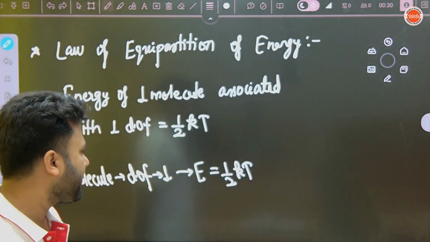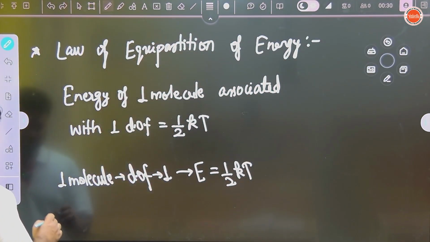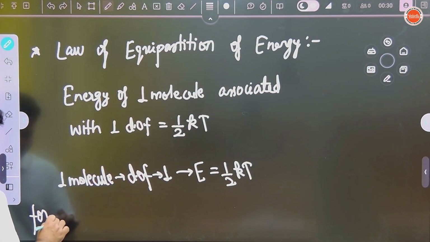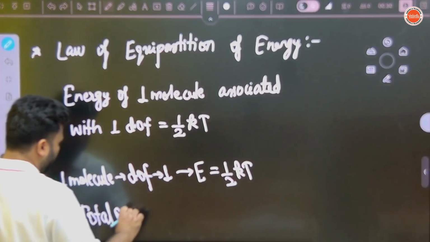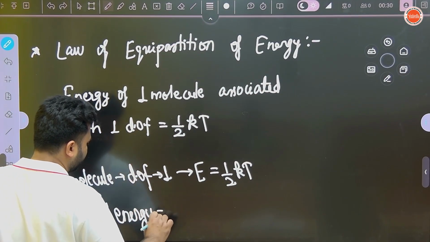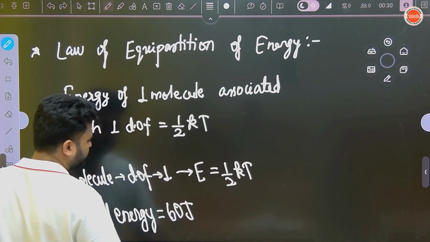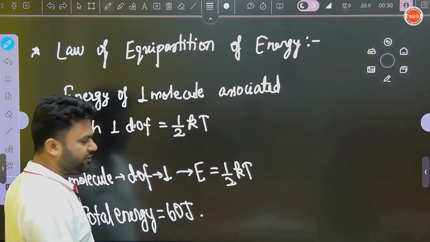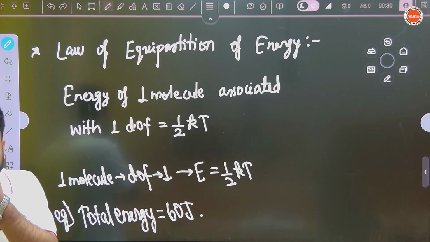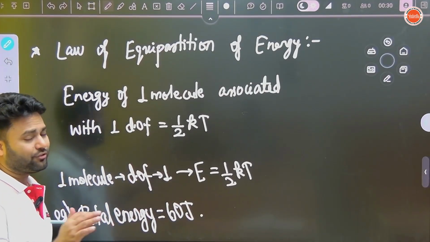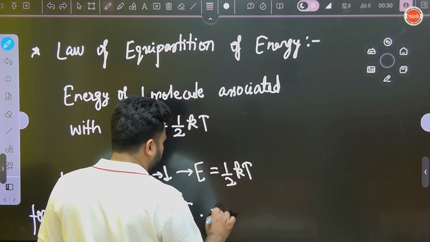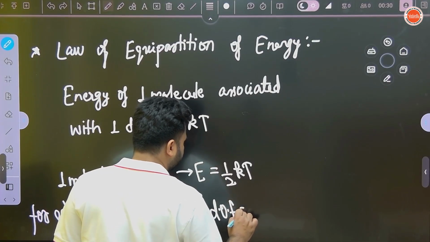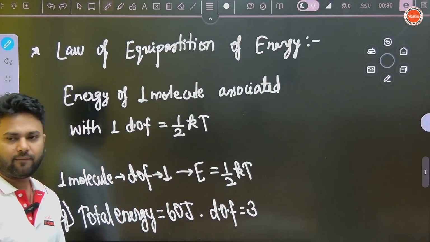For example, if the total energy is 60 joule, just an example I am taking, and this is a monoatomic gas, then the degree of freedom will be 3.